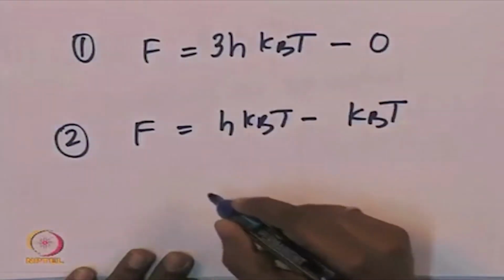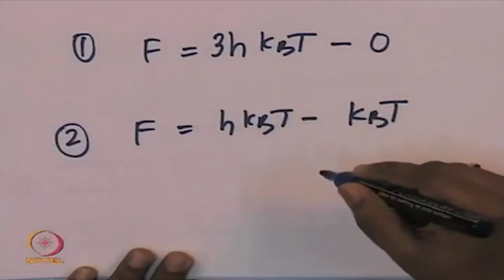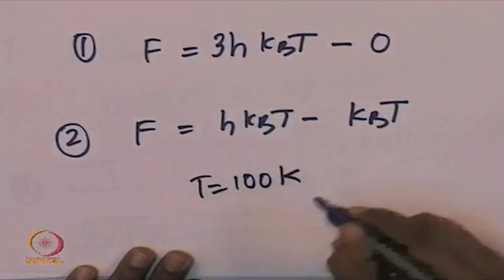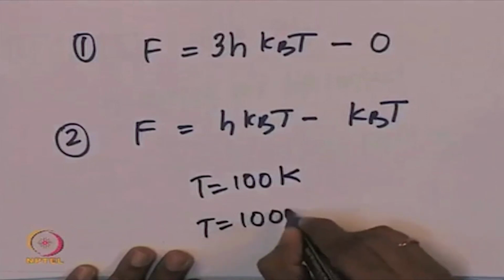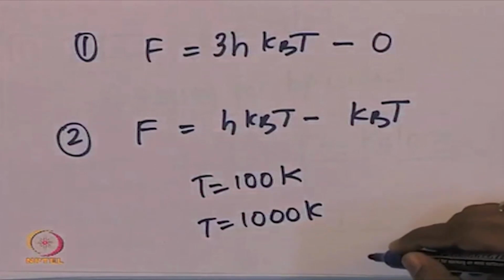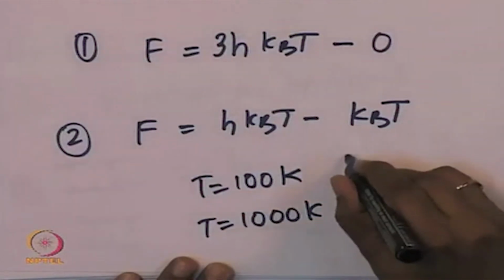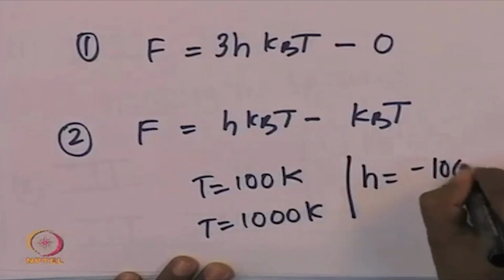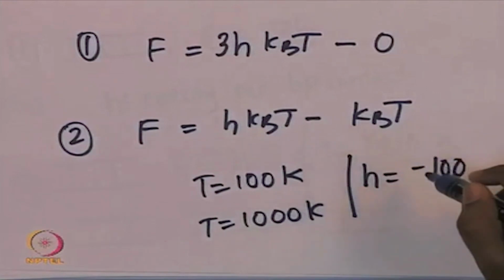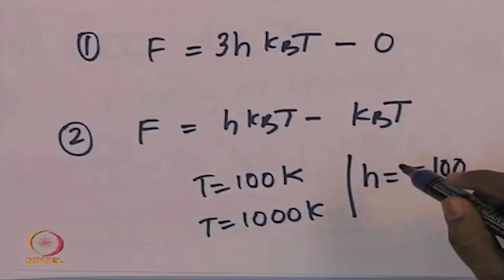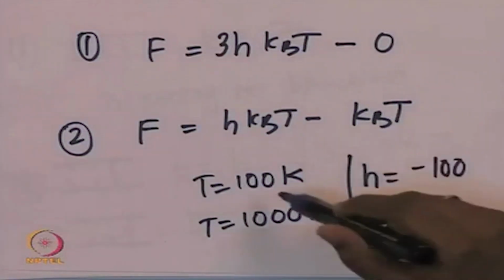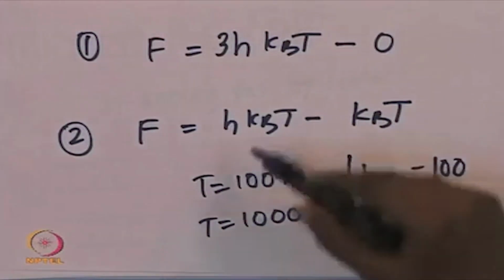This is an assignment for you: vary temperature, take T equal to 100 Kelvin and T equal to 1000 Kelvin, and see which of these is minimum, and take H equal to minus 100 in these cases. For T equal to 100 kBT and T equal to 1000 kBT, see which of these will be minimum.